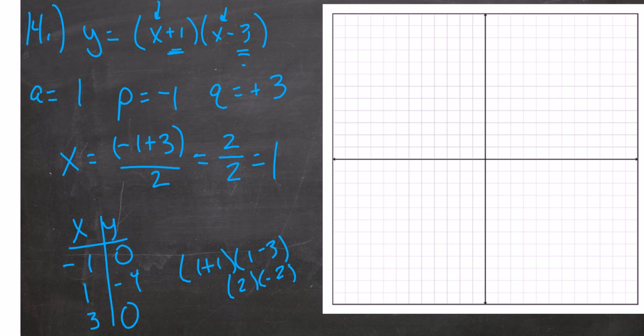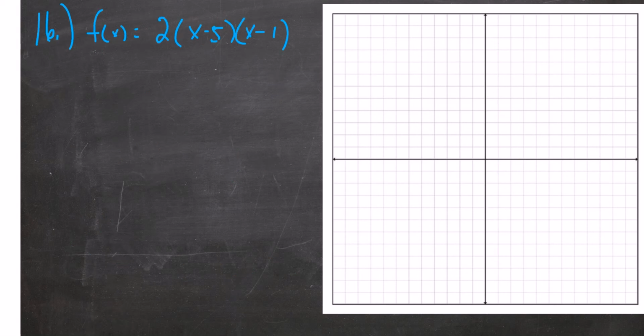So I'm going to go right 1 down to 4. Once again, that's my dotted line. Now I'm going to do 3 over 3, 0. Negative 1, 0. Remember, this is a U, not a V. And that's it for 14.